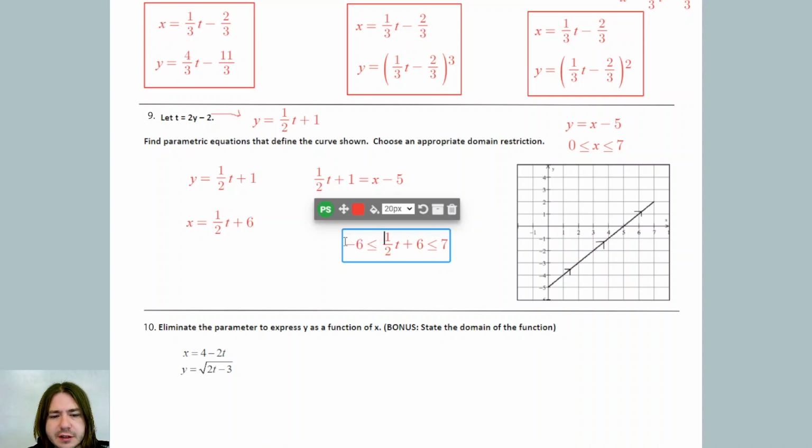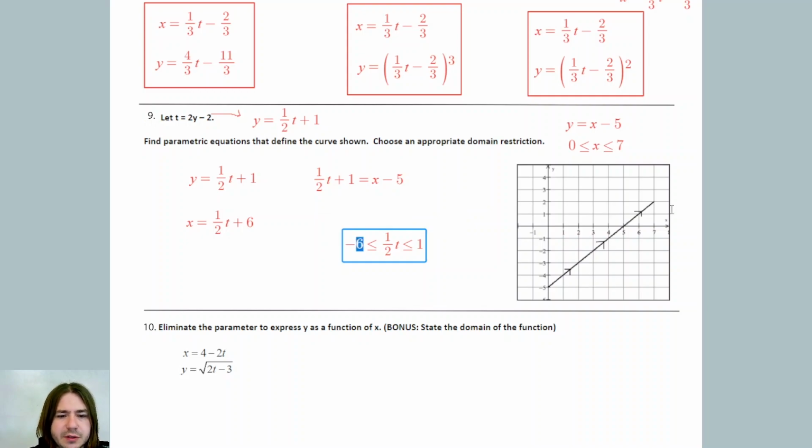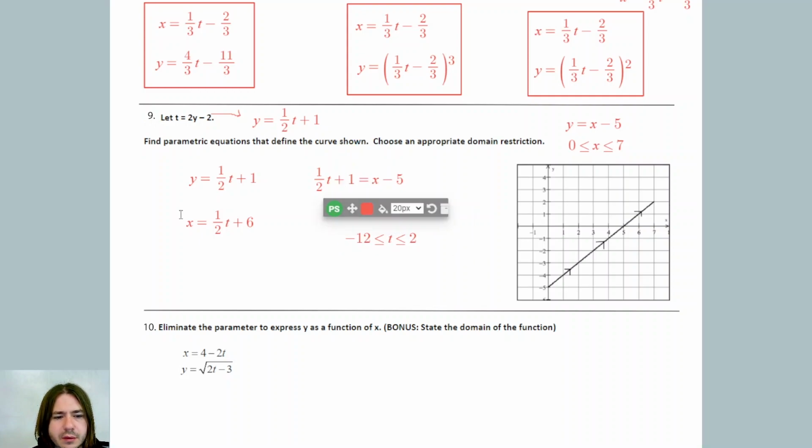So this will be negative 6, 6 minus 6 is 0, so this will go away, and 7 minus 6 is 1. And then we need to multiply both sides by 2. So negative 6 times 2 would be negative 12. 1/2 times 2 is 1, which is what we want to happen. And then 1 times 2 would be 2. So this is going to be the domain in terms of t.